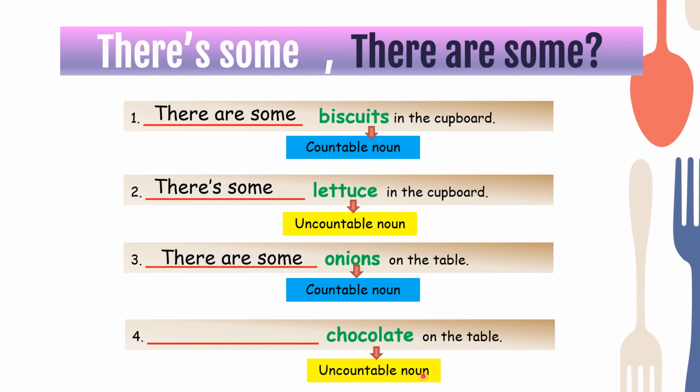If it is uncountable noun, which phrase is most suitable to be placed in this blank? The answer is, there's some. There's some chocolate on the table. Remember, there's some is used with uncountable noun.